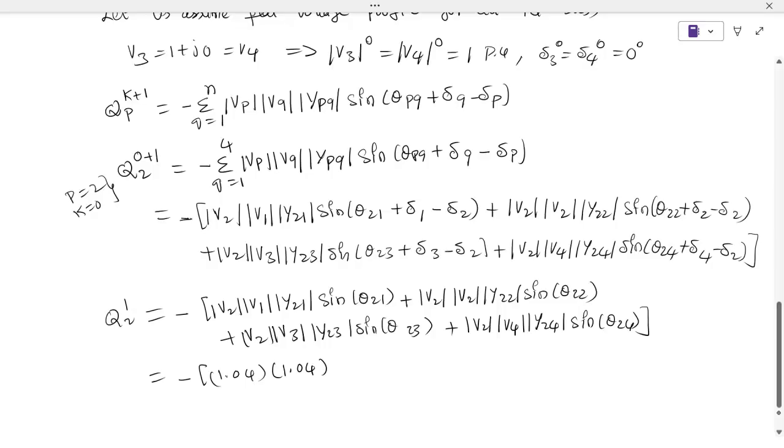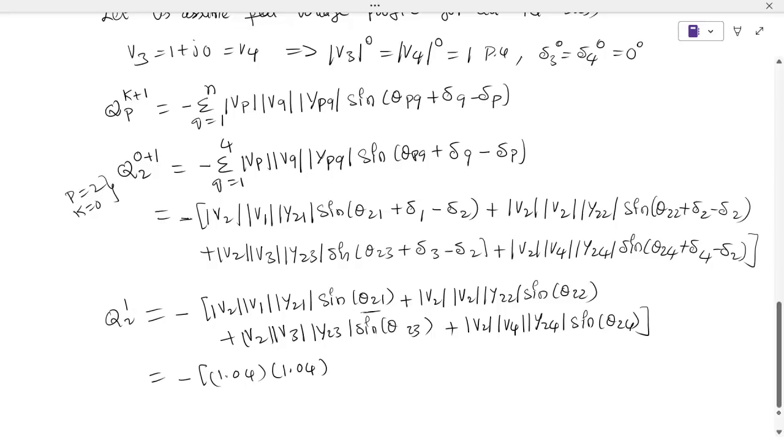Y21 we have already calculated, and here theta 21 is the Y21 angle. We have already converted the rectangular form Y bus matrix into polar form, so for this purpose only we have converted those rectangular forms into polar form. Are you getting my point or not?